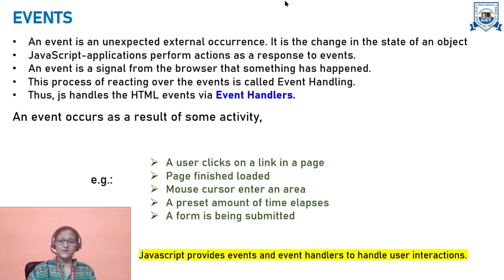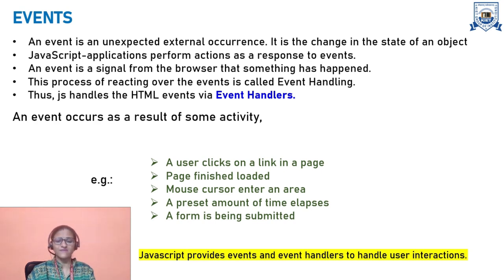JavaScript provides events and event handlers to handle user interaction. As soon as we perform any action, on the basis of that action some response comes. Any event we perform, on the basis of that event some action gets performed, some response gets evolved. That response means we have handled our event.